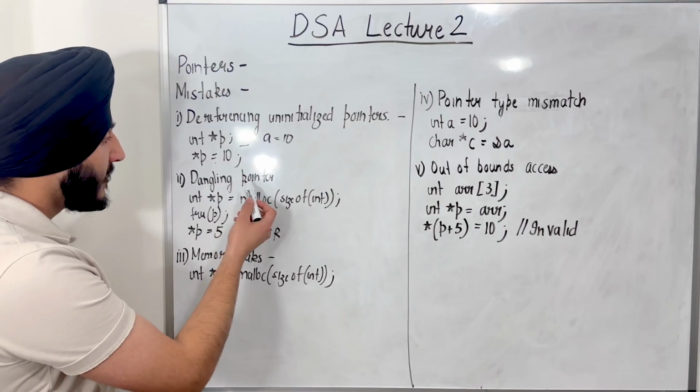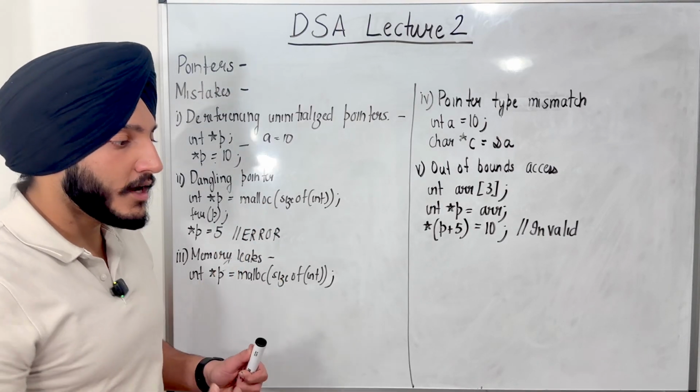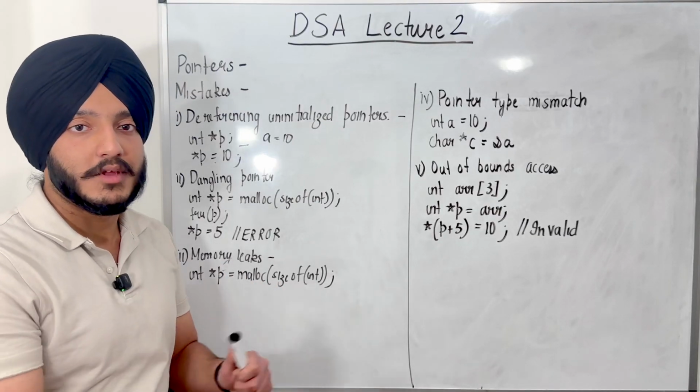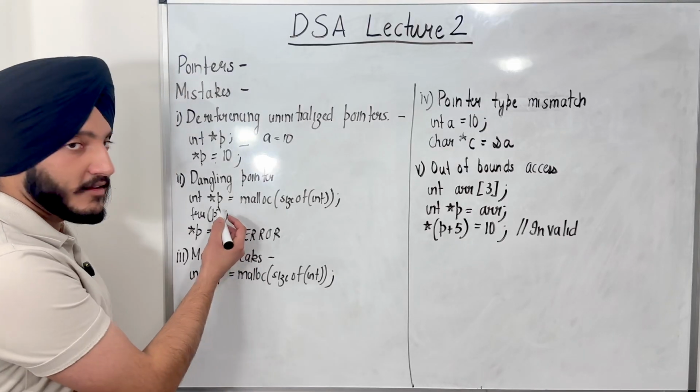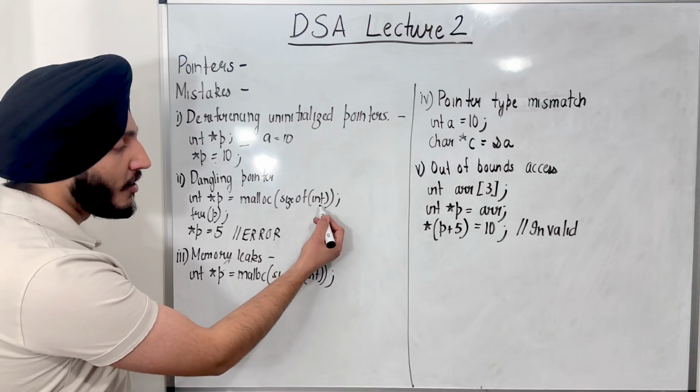Second one is dangling pointers. This concept basically means that you allocate memory for a pointer, then you free it, and then you try to access that memory again. Let's take a look at this example. I declare this pointer and dynamically allocate memory for an integer.